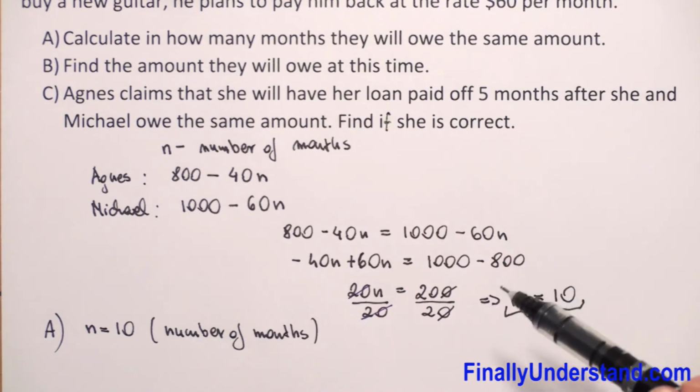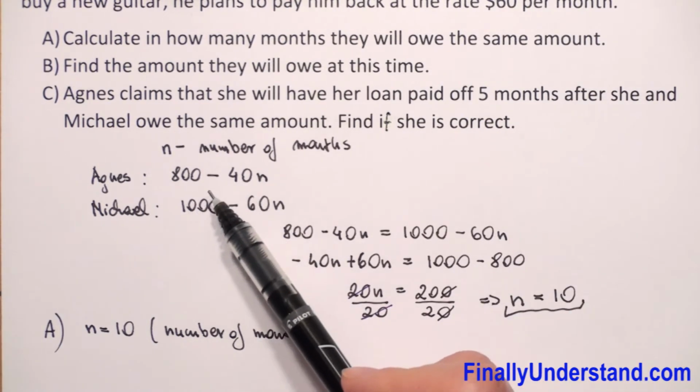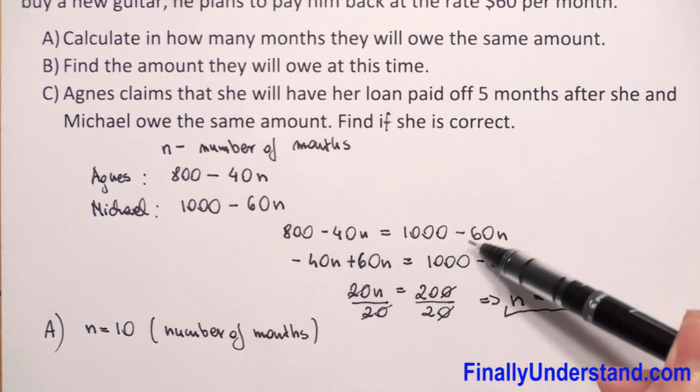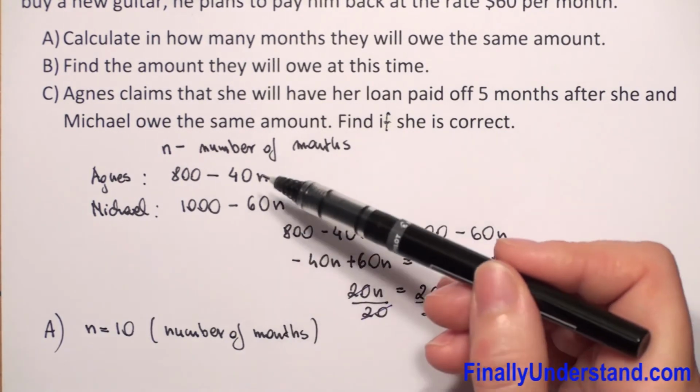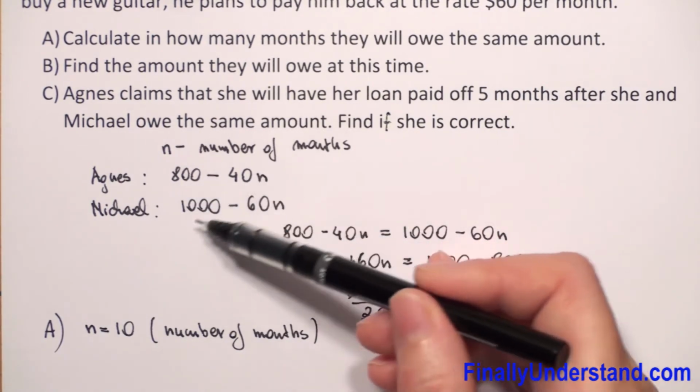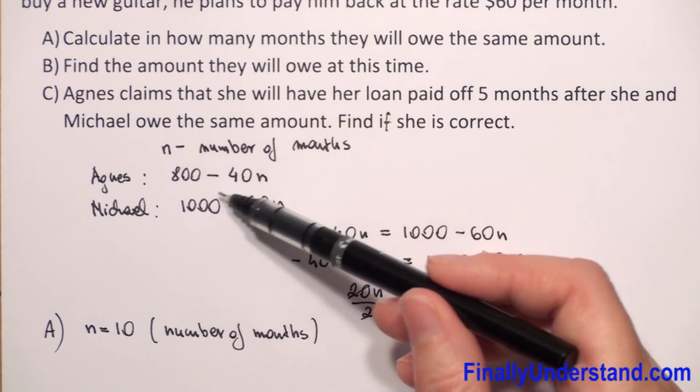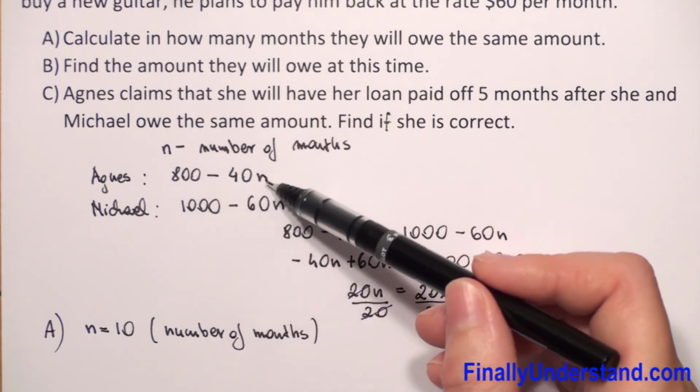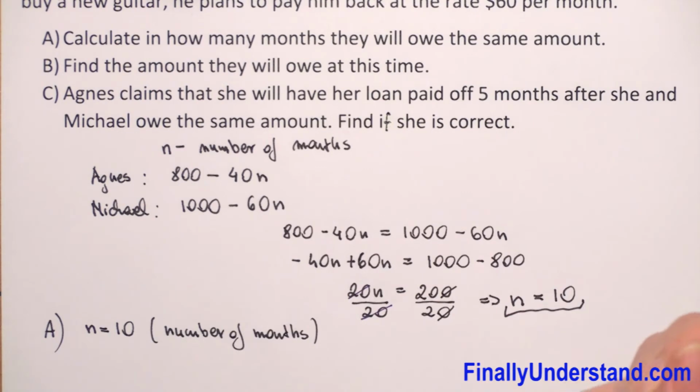To find this amount, because at this time these two expressions are equal, it doesn't matter if you choose the first or the second. We have to choose one and substitute n by 10, and we will have the amount that they will owe at that time.